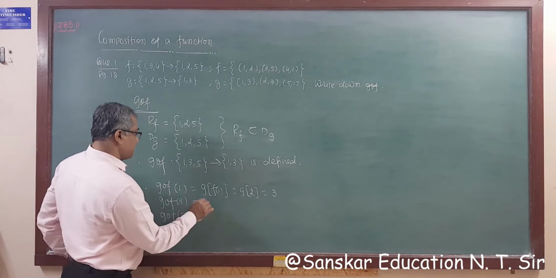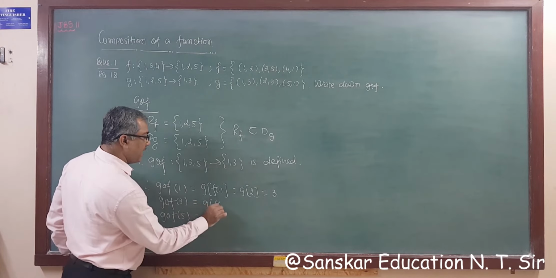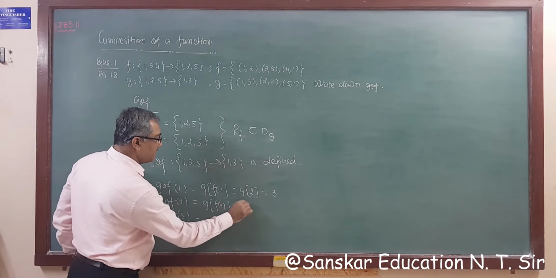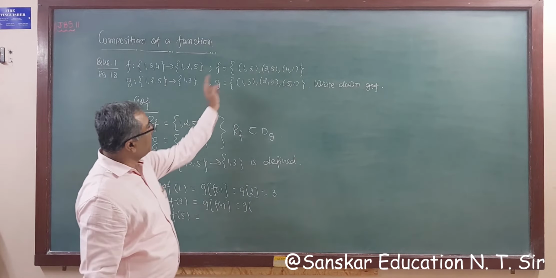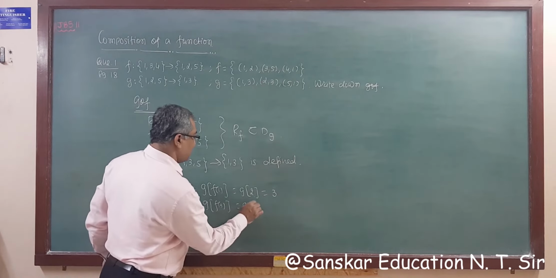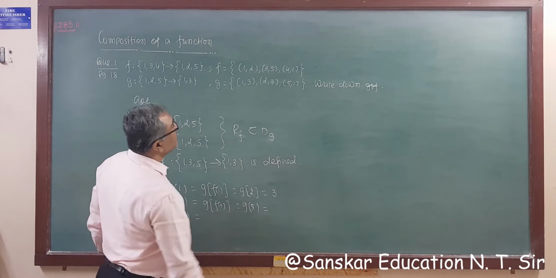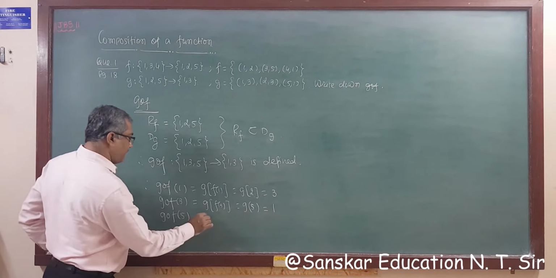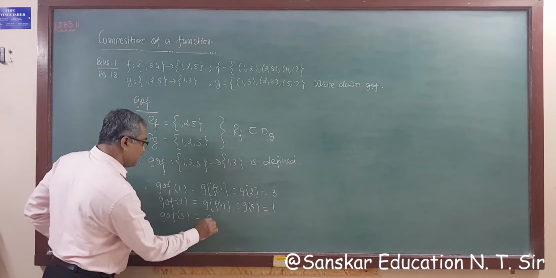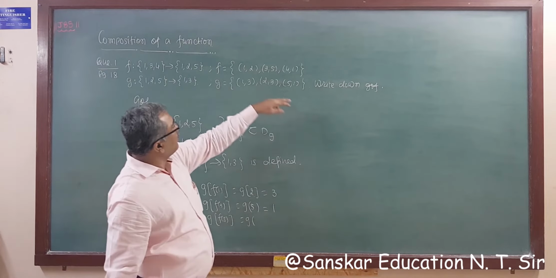Now again, this is g of f of 3. The image of 3 is 5, and g of 5 is 1. Got it? And g over f of 5 is g of f of 5, equal to g of. Now what is f of 5?